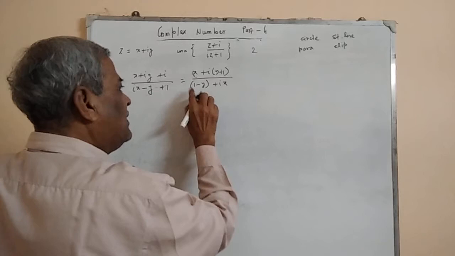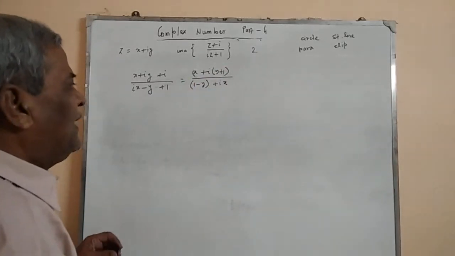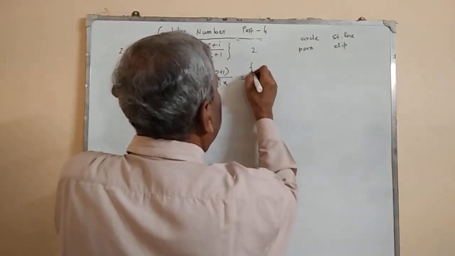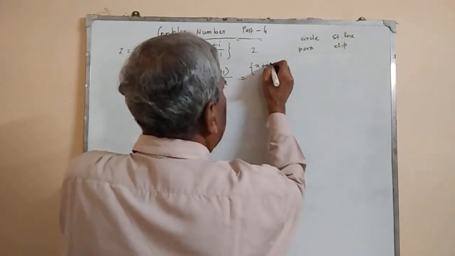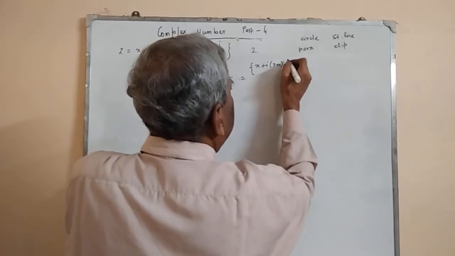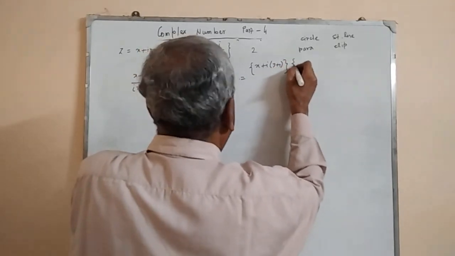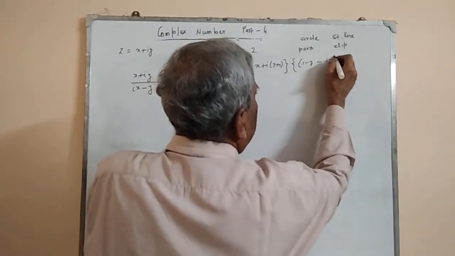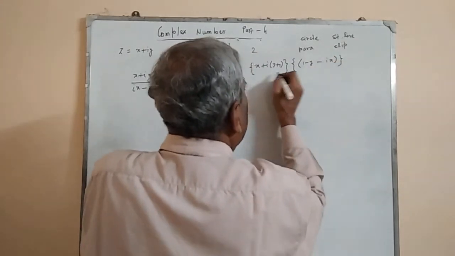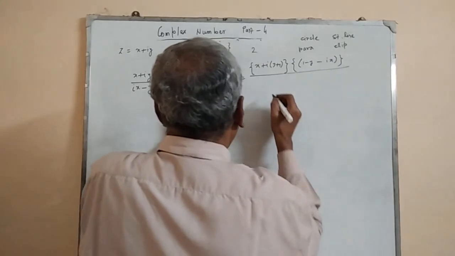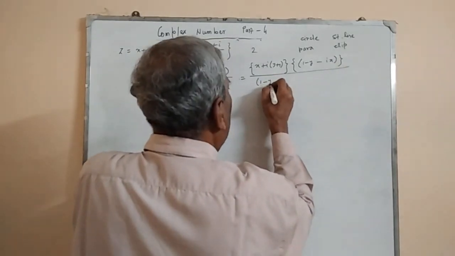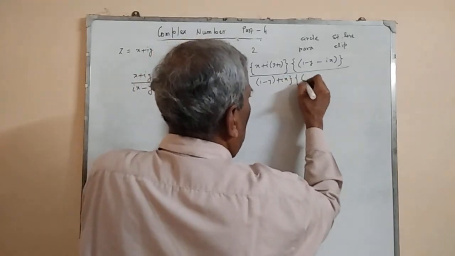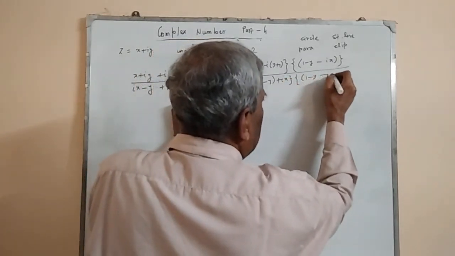Now multiply numerator and denominator by its conjugate. That is equal to x plus i into y plus 1 into 1 minus y minus ix, divided by 1 minus y plus ix into 1 minus y minus ix.